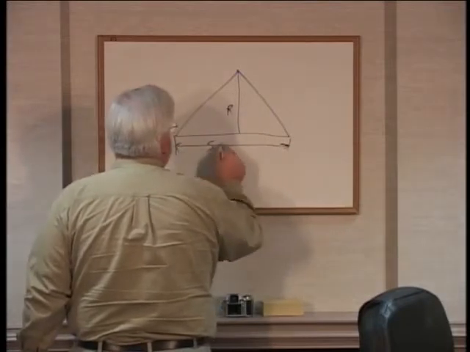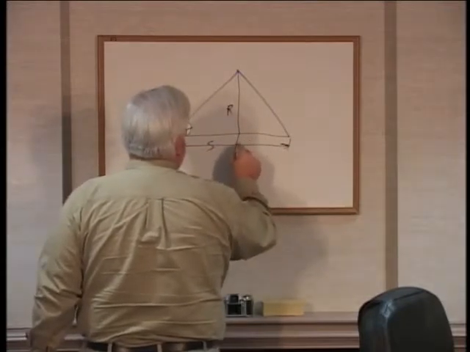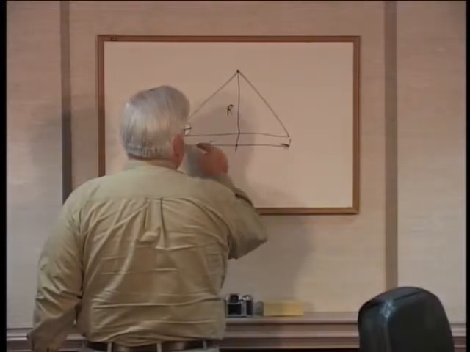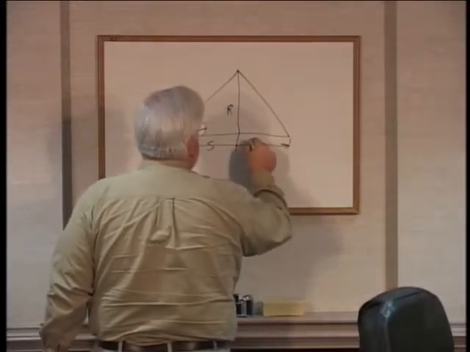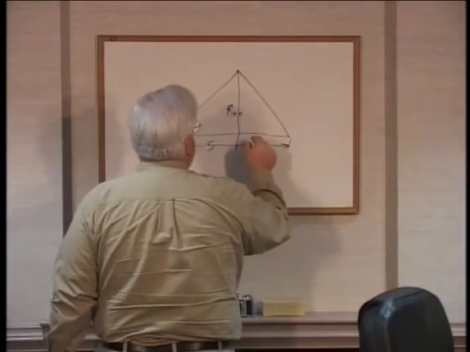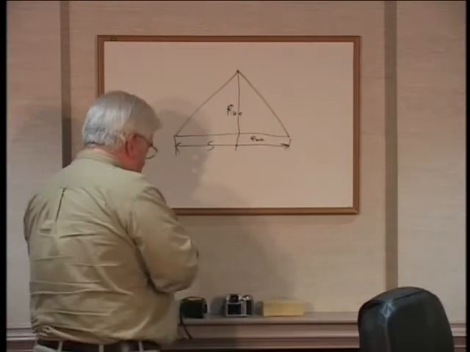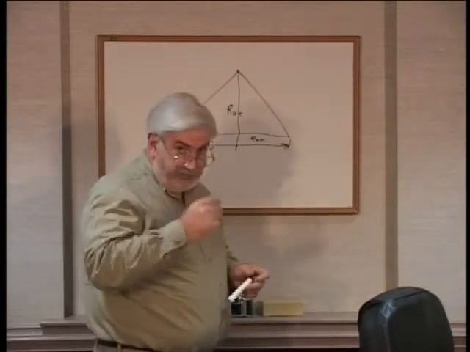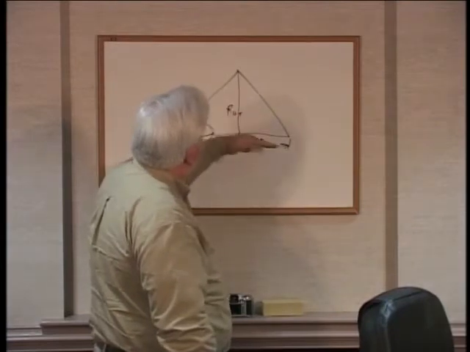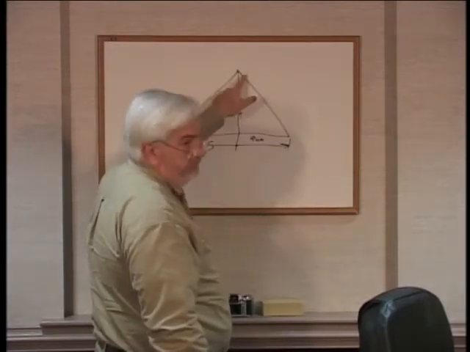And half of the span, from here over, or from here over, is the run. So the rise and the run. If you know anything about math, you'll be using the rise and the run to find the hypotenuse.